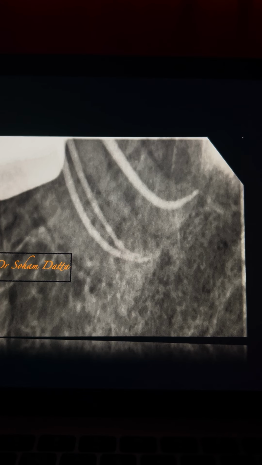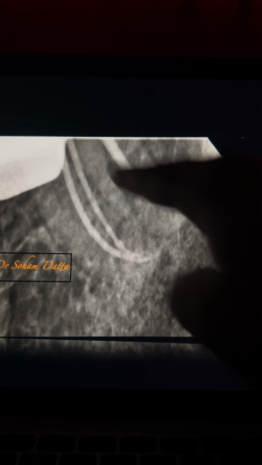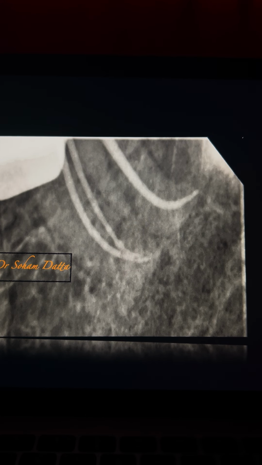What I mean is, after your biomechanical preparation, some amount of canal straightening will be there, whatever file you are using. If it is a super flexible one, then the chances will be less. Obviously if it is a flexible one, the chances will be less, but practically speaking, a minimum amount of canal straightening will be there, whatever file you are using.